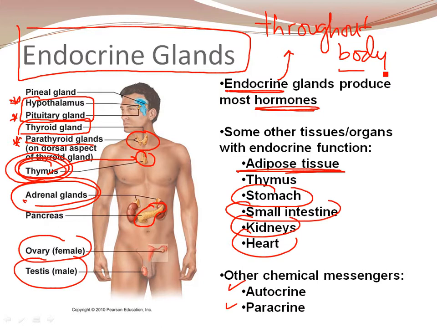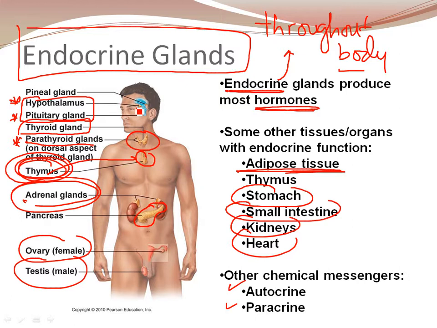They travel everywhere, so they can actually have control over organs and tissues that are located way, way, way far away in your body from the gland where they were produced. Okay, and you'll see that when you study things like the pituitary gland up here. Controls bodily processes all throughout the whole body.